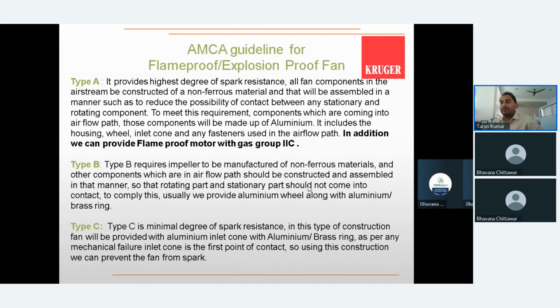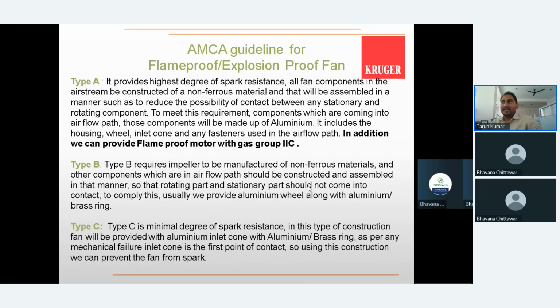The reason is that whatever rotating and stationary parts there are, if by any chance they come into contact, a spark should not be generated. So type A says the complete fan has to be non-ferrous and your motor should be suitable for group 2C gas, which covers hydrogen gas, the most flammable gas.